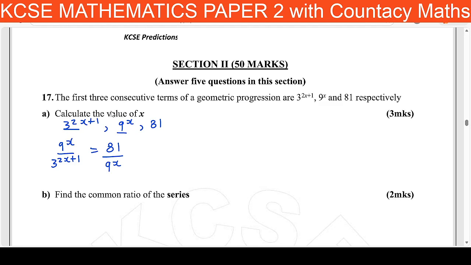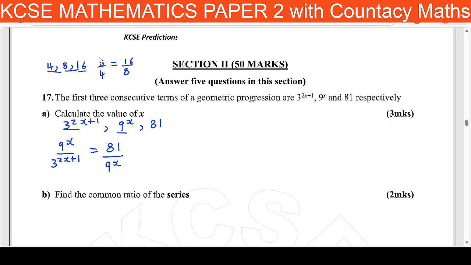This is like having a sequence where, let's pick any case, the numbers start from 4 and are multiplying by 2. The sequence that follows after 4 is 8 and then 16. With these numbers, it is true to say that 8 divided by 4 is equivalent to 16 divided by 8.